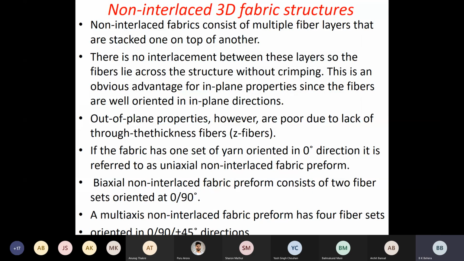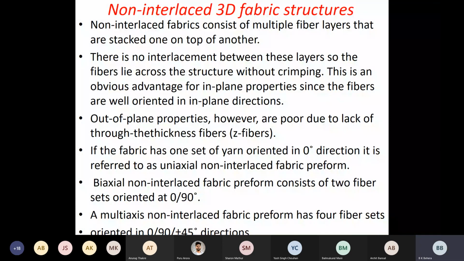We call it non-interlaced 3D fabric structure. Non-interlaced multi-layer 3D fabric structure. So non-interlaced fabric consists of multiple fabric layers that are stacked one on top of another. Number one. Number two, there is no interlacement between these layers.